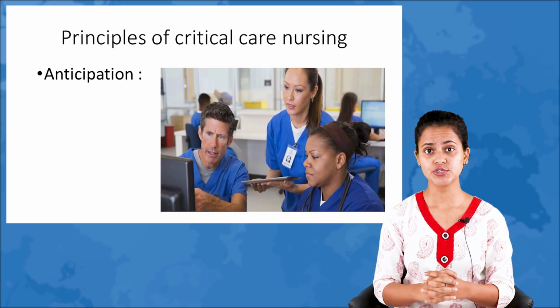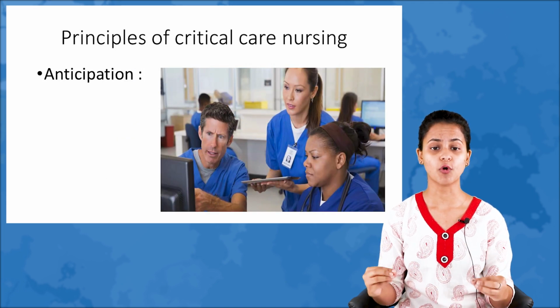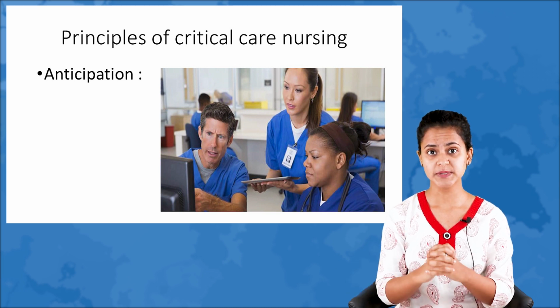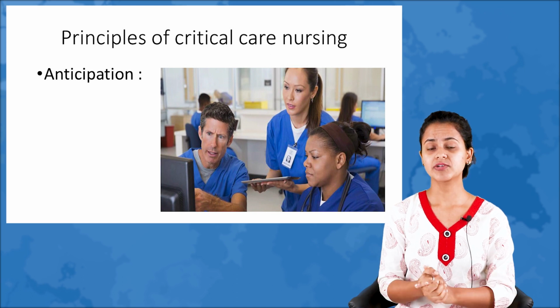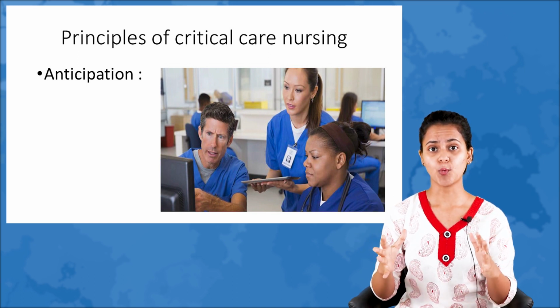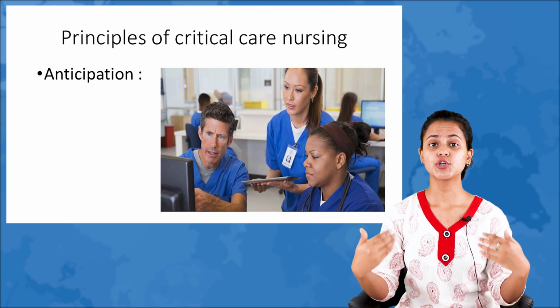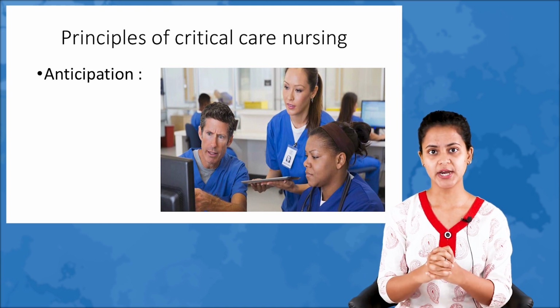Next we are going to learn about the principles of critical care nursing. The first principle is anticipating. As a critical care nurse, it is a very important role to anticipate the scenario for the client.